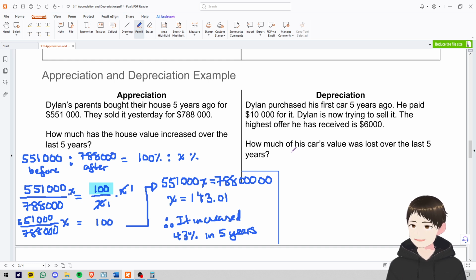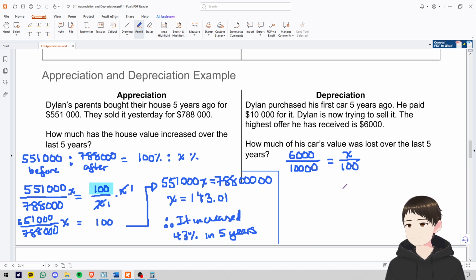Let's do 6,000. So this was after over before equals after over before, right? So typically it's before and after. It just rolls off the tongue very well, but I intentionally did after divided by before equals after divided by before as a percent because I want the x in the numerator.